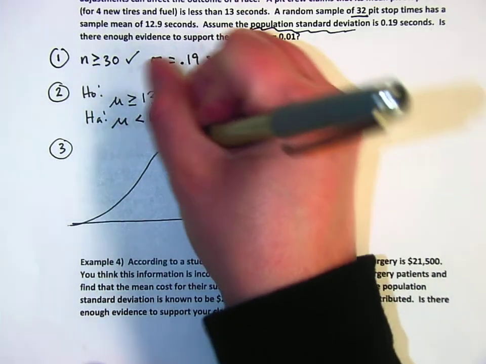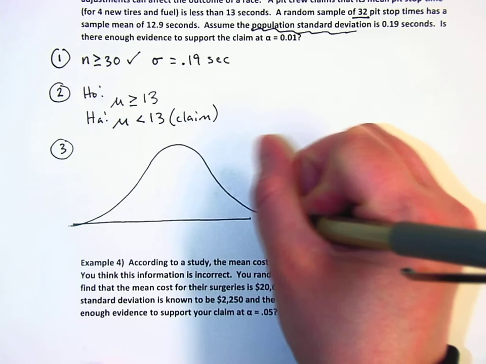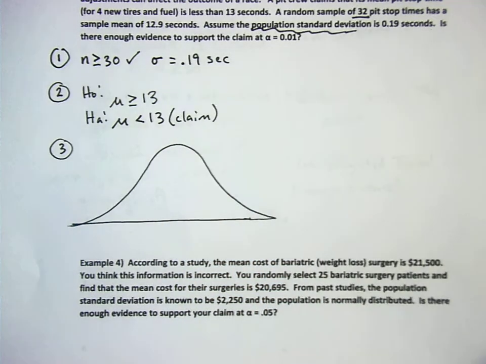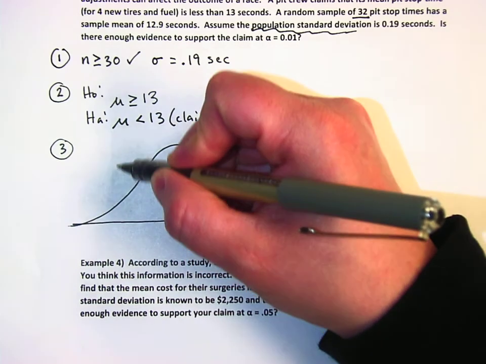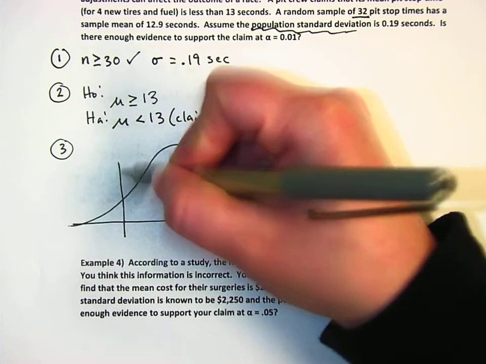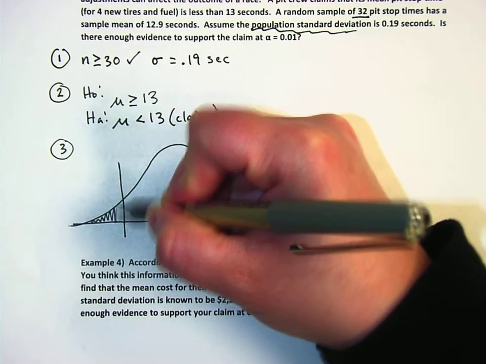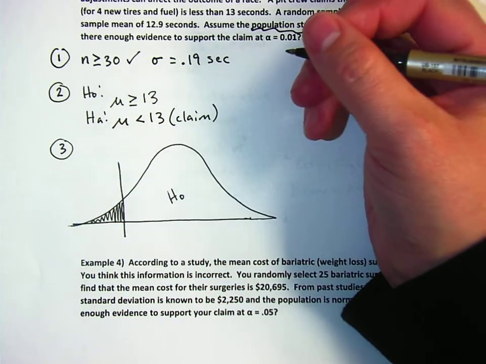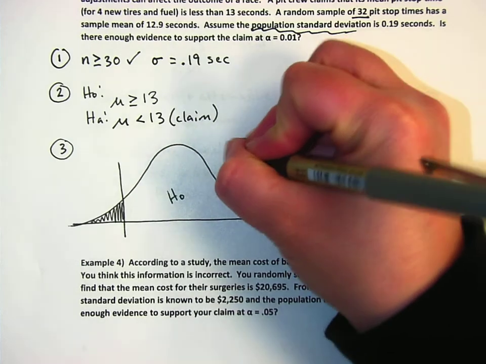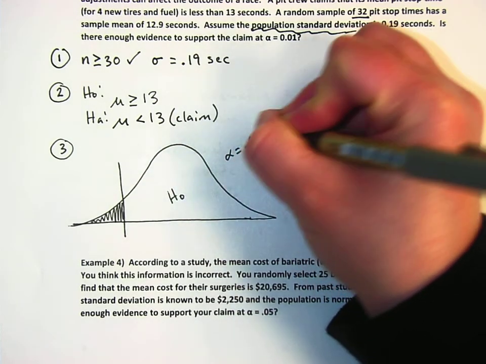So if I draw a bell curve, let's see, this one is going to be less than. So less than is definitely a left-tailed test. H sub O is in the middle here. And alpha in the problem is 0.01.